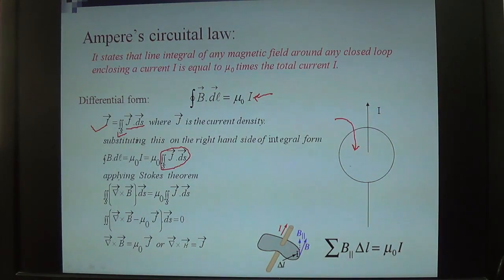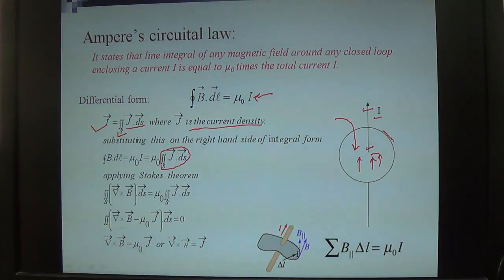Here is the closed loop, and this is a conductor in which current I is flowing. This current I is enclosed by the closed loop. So when I define the current, I define it through the open surface, not a closed surface. So I is equal to the integral of J dot ds, where J is the current density.